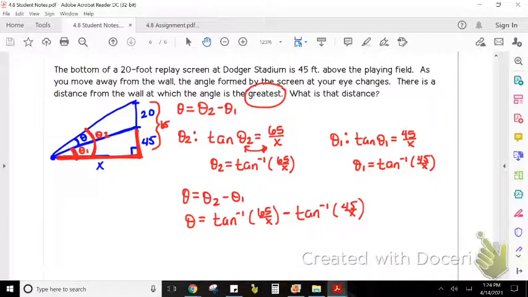And so we can put that in our calculator now and we can graph it, can't we? And we just look for the maximum. Right? Well, just put it in your y equals right now and wait on me.